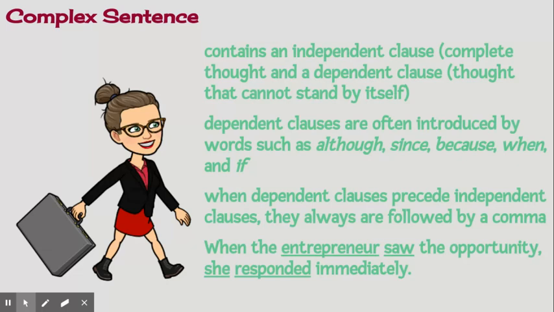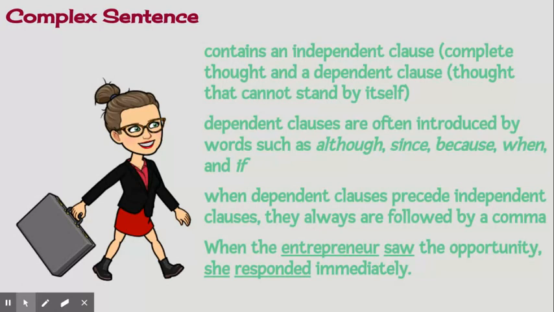Now, if the dependent clause is at the beginning of the sentence, it's always followed by a comma, because you don't have a word at the start of an independent clause to let you know that the independent clause is beginning. But if the independent clause comes first, the words that lead off the dependent clause tend to let us know, so we don't need a comma.